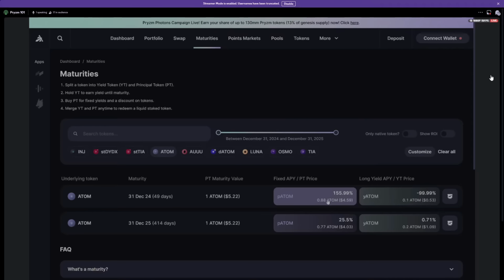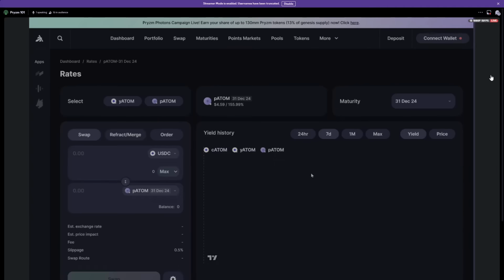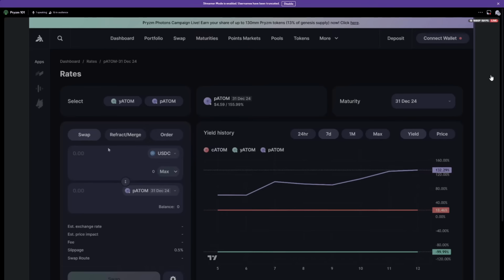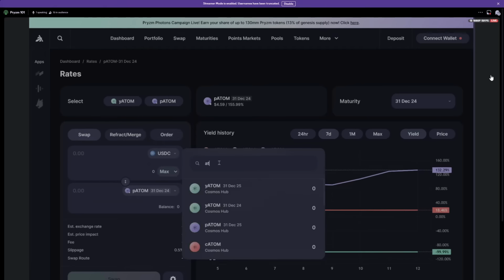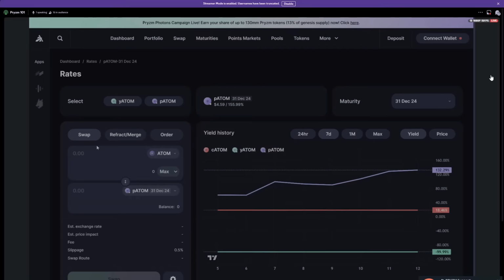Basically what this means is if someone came today and they just bought a P Atom for 0.88 Atom, then they would spend 0.88 Atom now, and then at the maturity in 49 days, they're going to receive a token worth 1 Atom. So you can look here and you can just do that swap, and you're going to be able to swap 1 Atom for 1.12 P Atom.